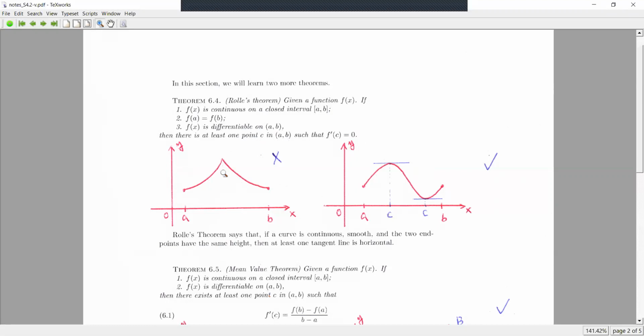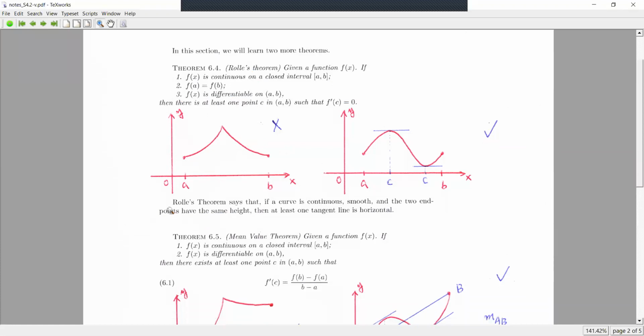Because this one doesn't satisfy condition number 3, Rolle's theorem cannot be applied to this curve. You cannot find a tangent line that is horizontal. No tangent line on this curve is horizontal.